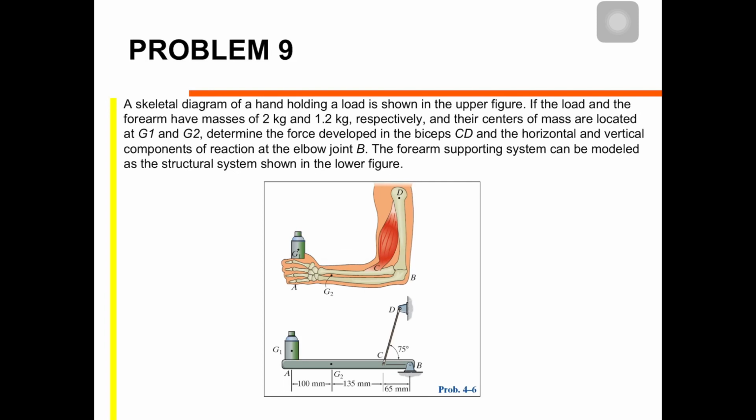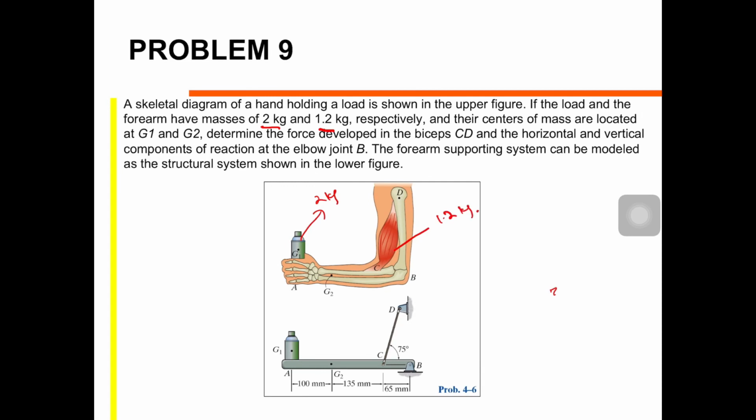So we have an arm holding the load as shown in the figure. The forearm and hand have mass of 2 kilogram, and the load is 2 kilogram and this arm is 1.2 kilogram.